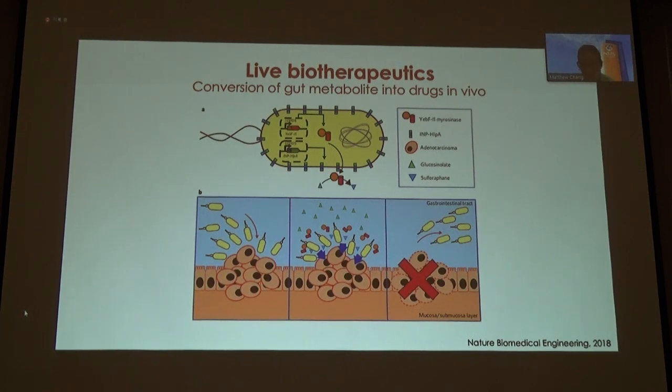We also wanted to ensure that the microbes we hope to use can latch onto the surface of colon cancer.